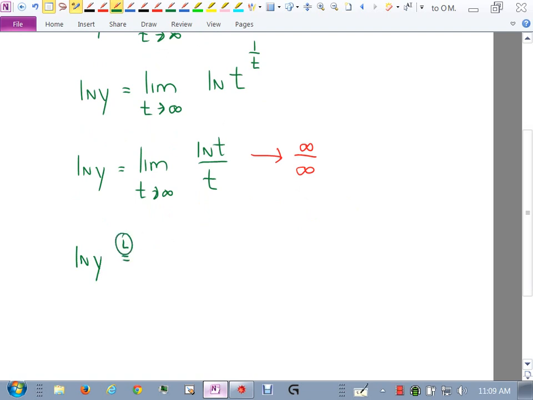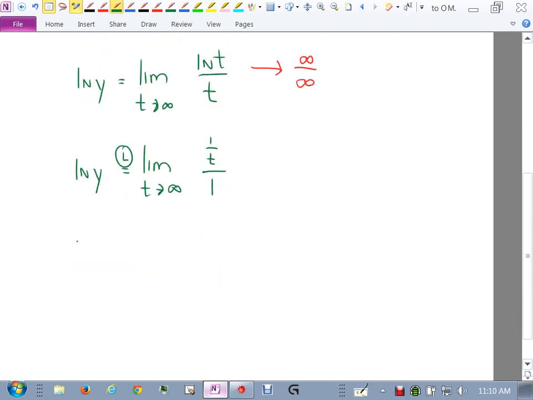You can use an L or an H, that's the way I do it. Limit as t goes to infinity. The derivative of natural log t is 1 over t. The derivative of t on the bottom is 1. And now let t go to infinity here, and we get what? 1 over infinity is 0. 0 over 1 is 0. So we have 0. So natural log of y must be 0.